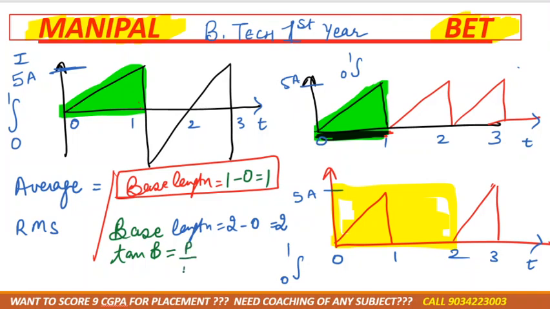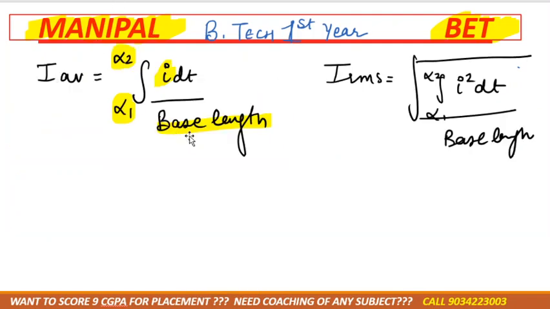Tan theta is perpendicular over base. You are taking the current I as the perpendicular, and in the base, the time. So I is 5 amp, time is how much? Can we say that I is equal to 5t? Put the value of I, base length and the limit, and then solve it.